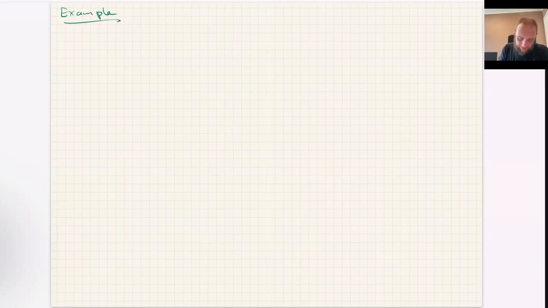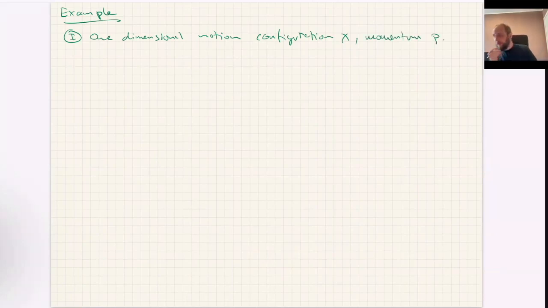So the first example, I'm just going to look at a one-dimensional motion. That means that I have a single configuration coordinate described by x, and the momentum being the corresponding canonical momentum p.